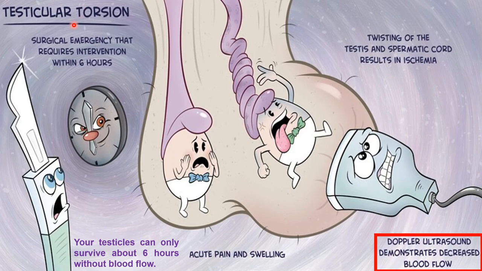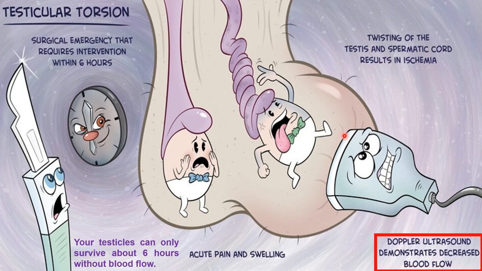This is a surgical emergency because the twisting of the cord blocks the arterial blood flow and can lead to death or ischemia of that testicle. Okay, and that's why it is a surgical emergency.